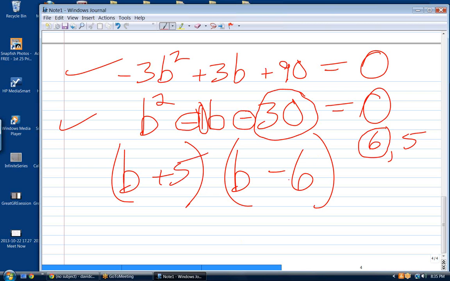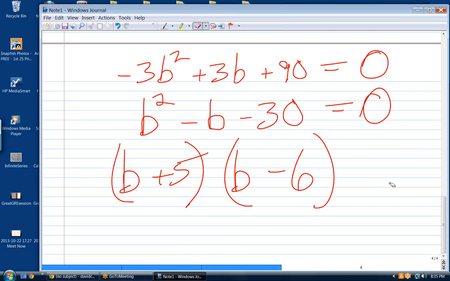Notice that that causes the negative to be extra weighted and gives us the negative as the middle term. So that gives us 5b minus 6b, and we get our minus b as the middle term. Oh, okay. Yeah, I thought we were going for just normal 1, not minus 1. Oh, right. Okay. Yeah.